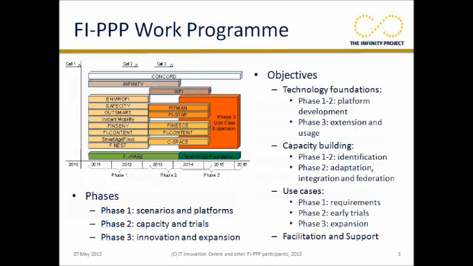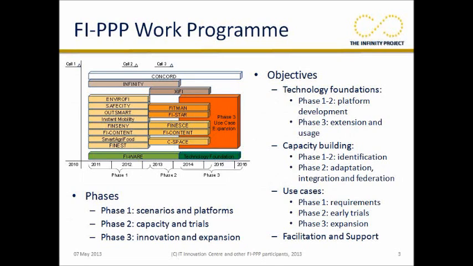So the work program is divided into phases and objectives. So there are 3 phases. We're now just getting started on phase 2. Essentially, phase 1 was about the platform for the future internet, some kind of common platform. Phase 2 is about trials, and phase 3 is about expansion.